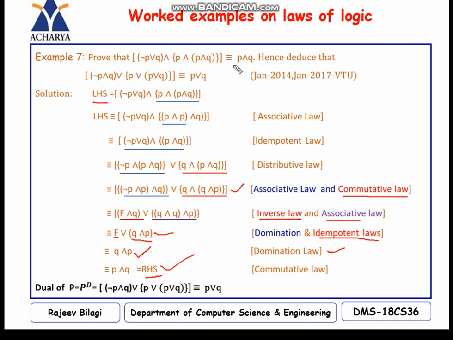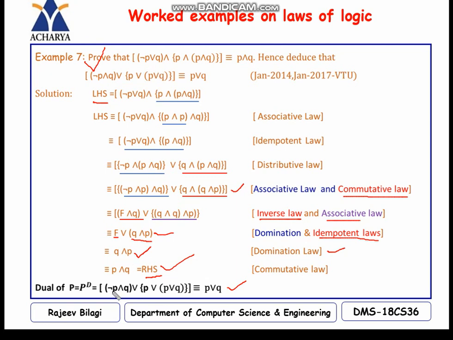Now another step is you have to deduce this. Wherever the OR operator is there and you are getting the AND operator, for a given statement you are going to write the dual of that. So AND operator becomes OR operator, OR operator becomes AND operator, and the negation symbol remains the same. So the negation of P and Q is here, so now OR is here.